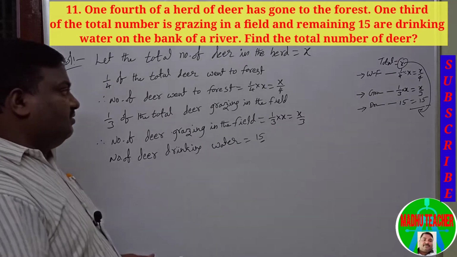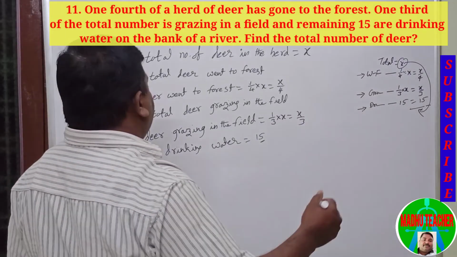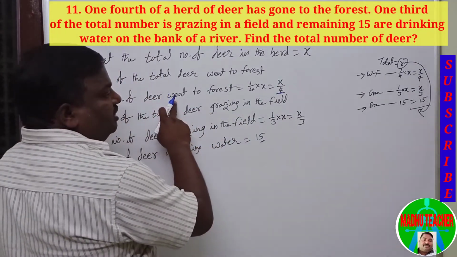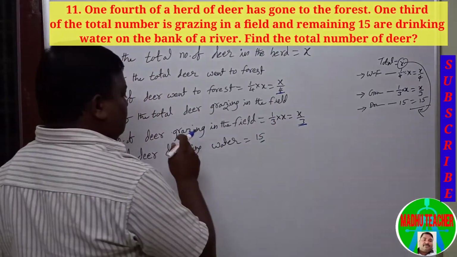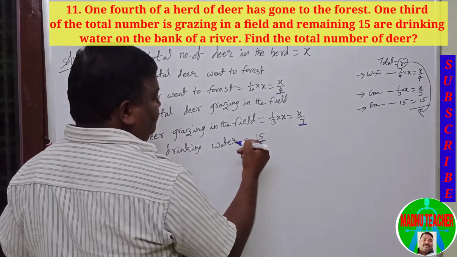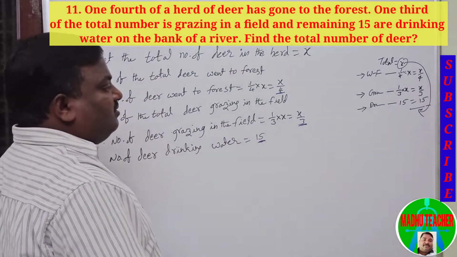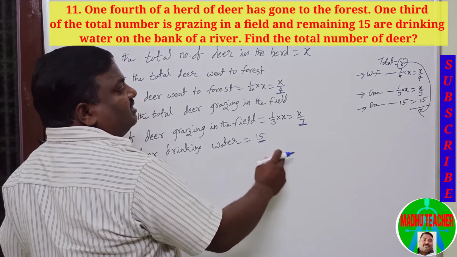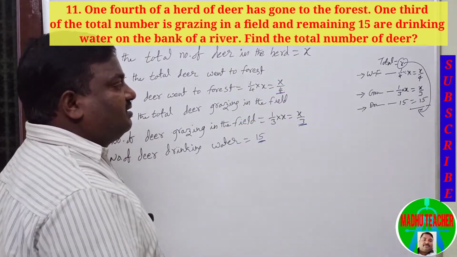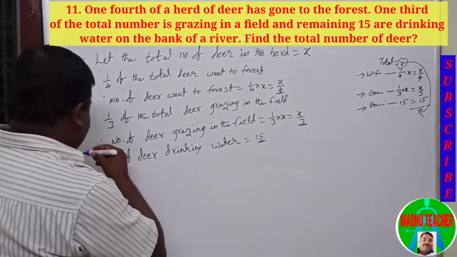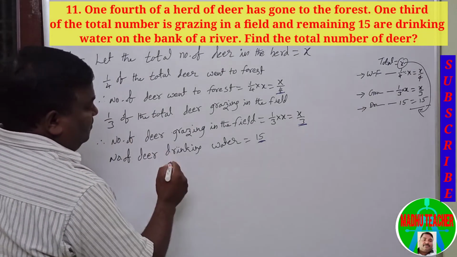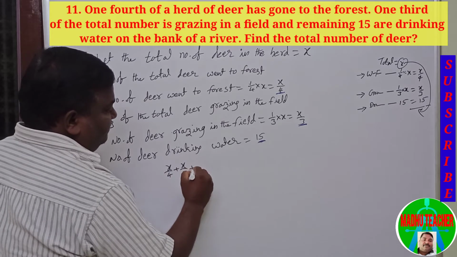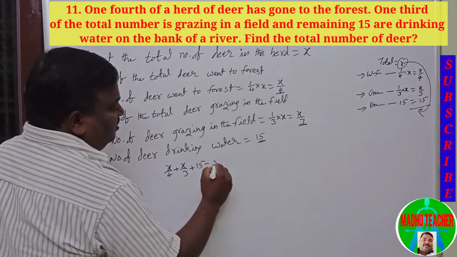So here, these went to the forest, these are grazing, and these 15 are drinking water. The sum of these three equals the total number of deer. So therefore x by 4 plus x by 3 plus 15 equals x.